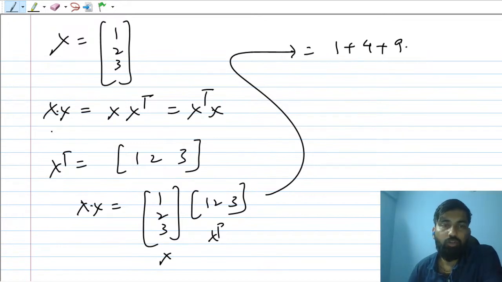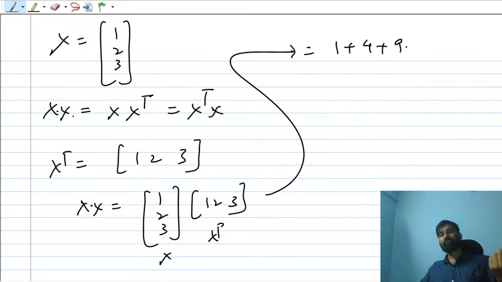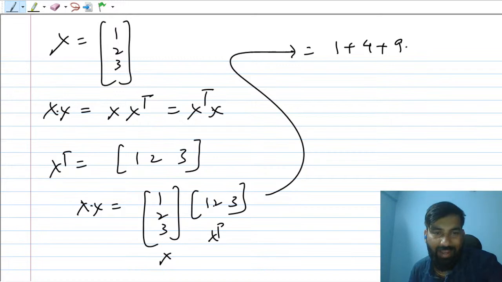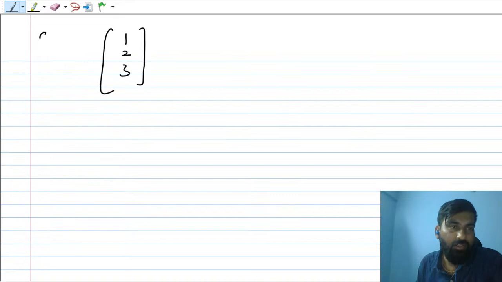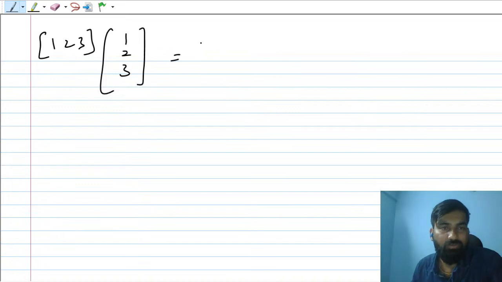Okay, dot product, and dot product always produces a scalar, right? The number. Or x transpose 1 2 3 multiplied by 1 2 3. So you can write this as 1 2 3 transpose 1 2 3. So just multiply this, one time multiplication. Okay, so what is this?